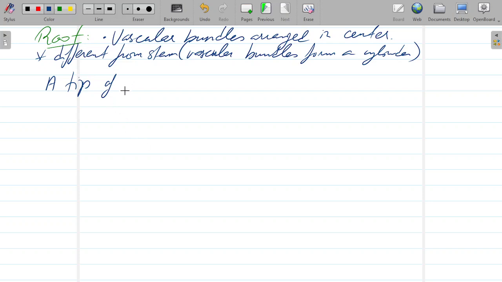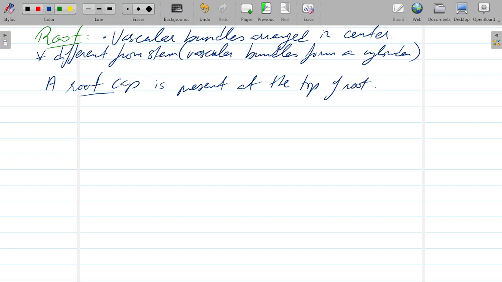So yeah, the tip of the root. A root cap is present at the tip of the root, and it is made up of cells. What these do is protect the tip of the root as the root grows and pushes through the soil.